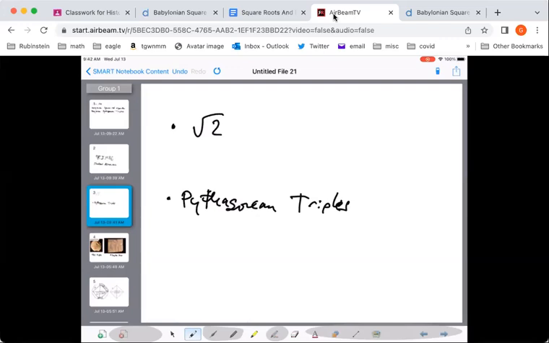before Pythagoras. So, as a reminder, a Pythagorean triple is something like 3, 4, 5, three numbers so that if you add together the squares of the two smaller ones, it equals the square of the larger one.